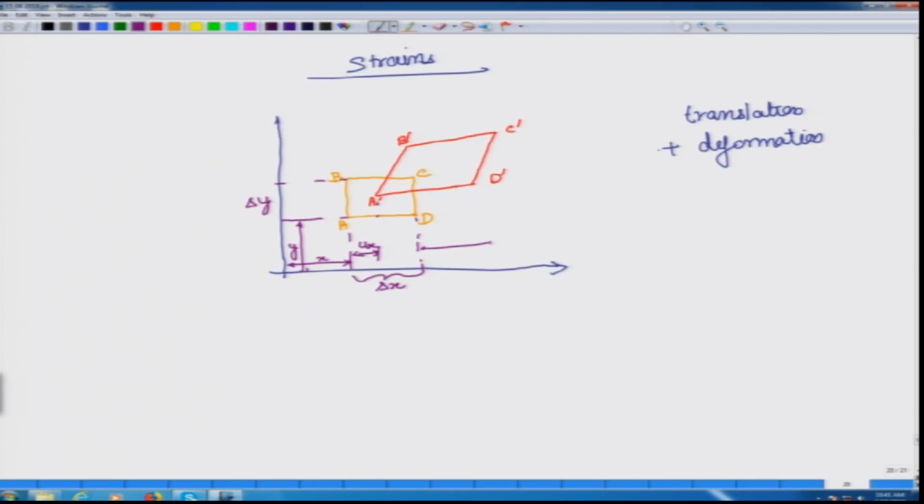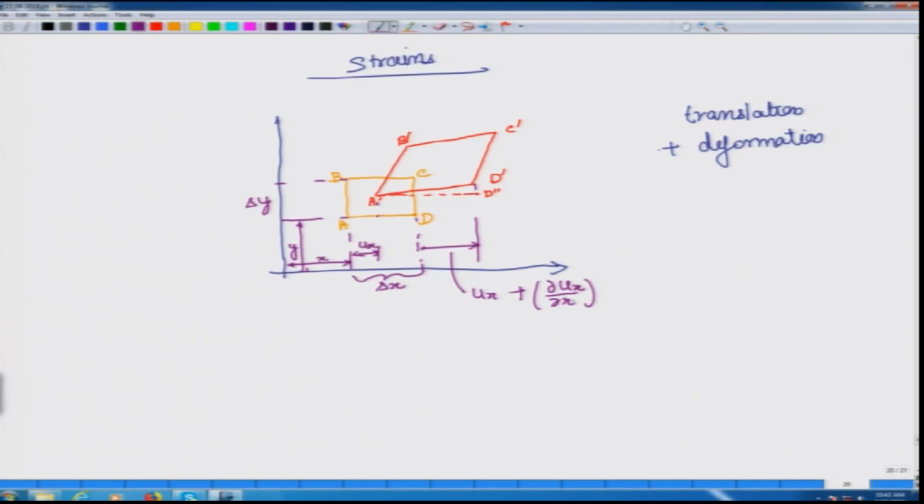So, what we are talking about is this D double prime. Where is the D double prime with respect to D? This is u x plus whatever deformation has taken place, and that will be del u x by del x.